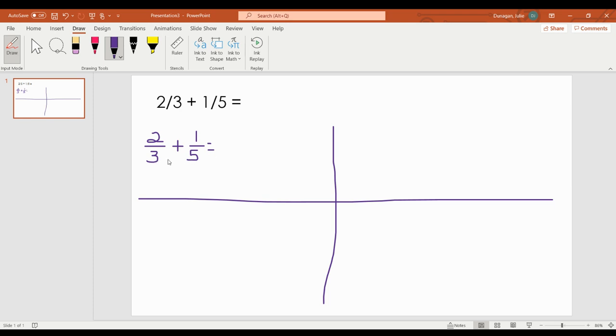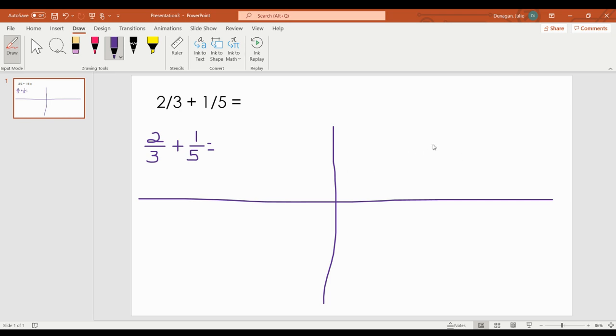When finding a common denominator, I like to skip count to find the multiple that they have in common. So what that means is if we skip count by 3s and then skip count by 5s, they will have at least one number that is the same.